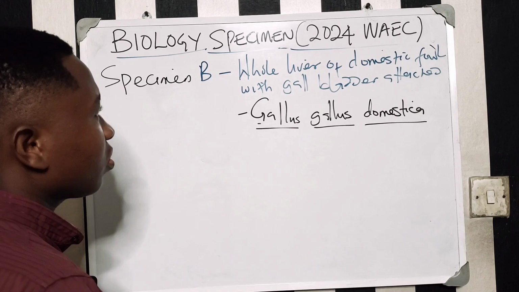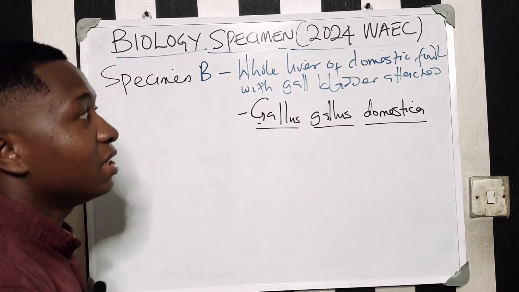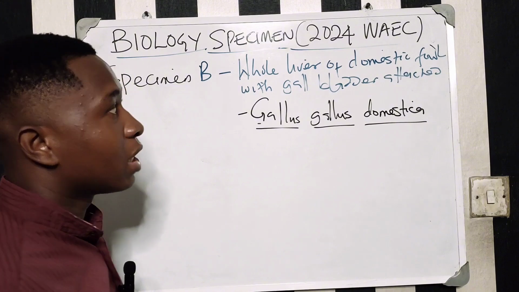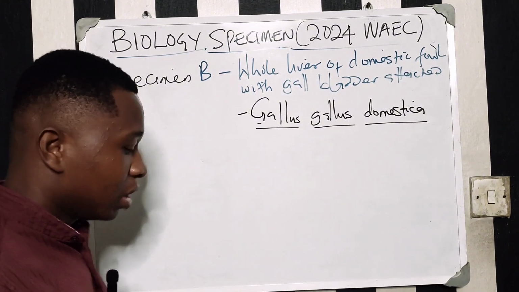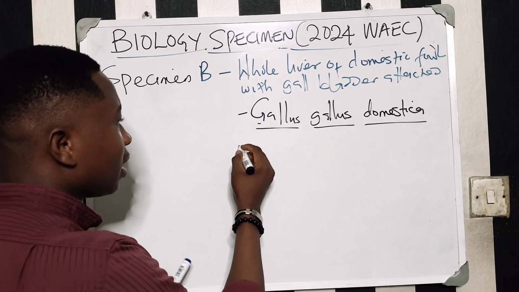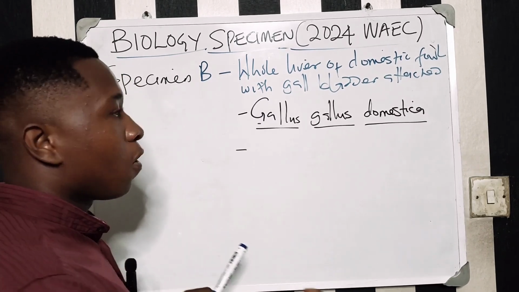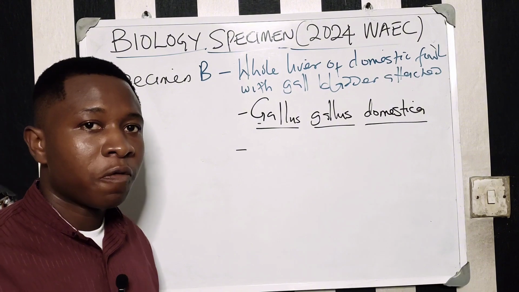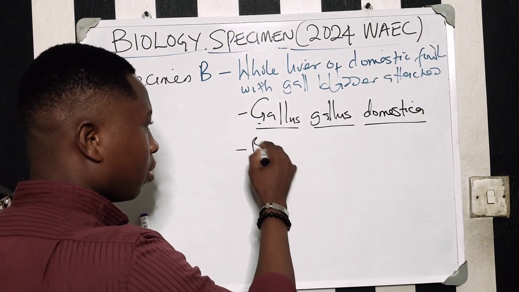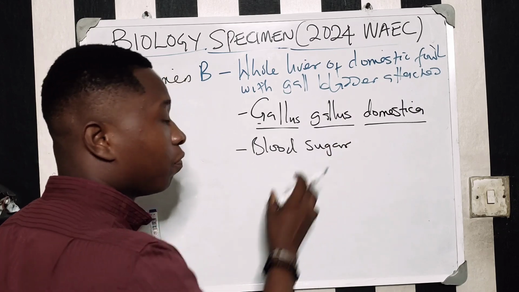So these are technical points when writing biology exams, which I will discuss in another video. Okay, so now we are going to look at the liver and the gallbladder. These are two organs in one. You are expected to know the functions of the liver. Firstly, the liver is very important for the regulation of blood sugar.